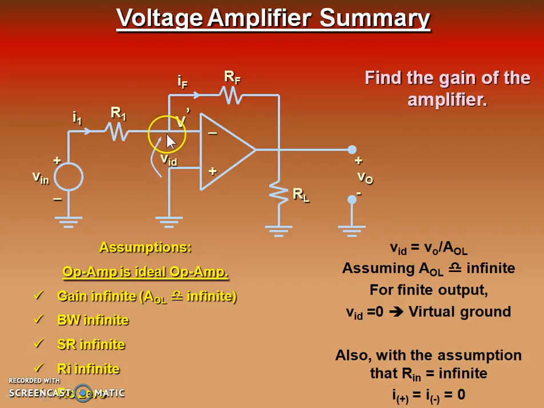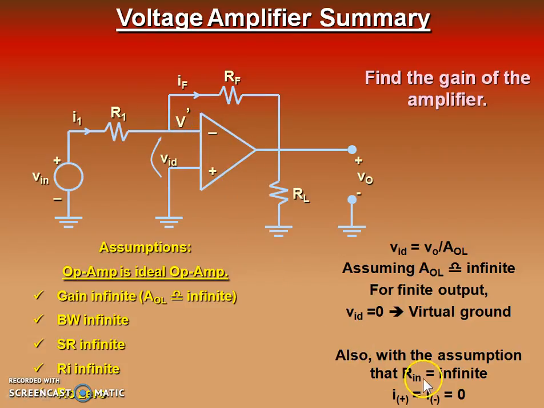However, it is not connected to the ground, therefore this is known as the virtual ground. Please consider that this node voltage should be 0 for this circuit. It is not like that for all operational amplifiers this node voltage will be 0. Actually this node voltage and this node voltage will track each other if the feedback is negative.